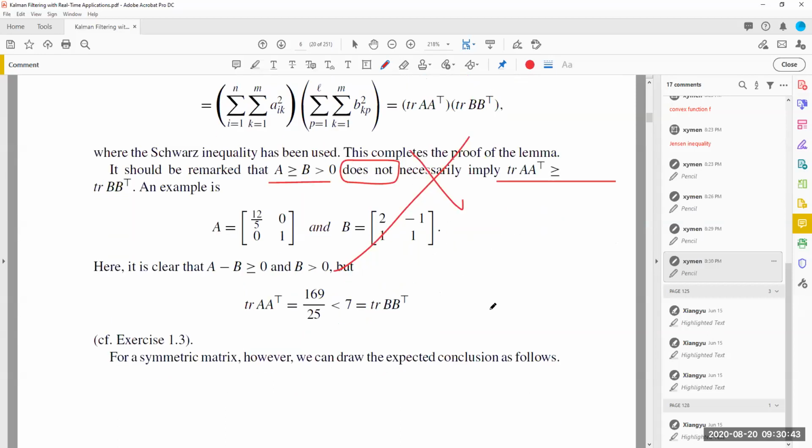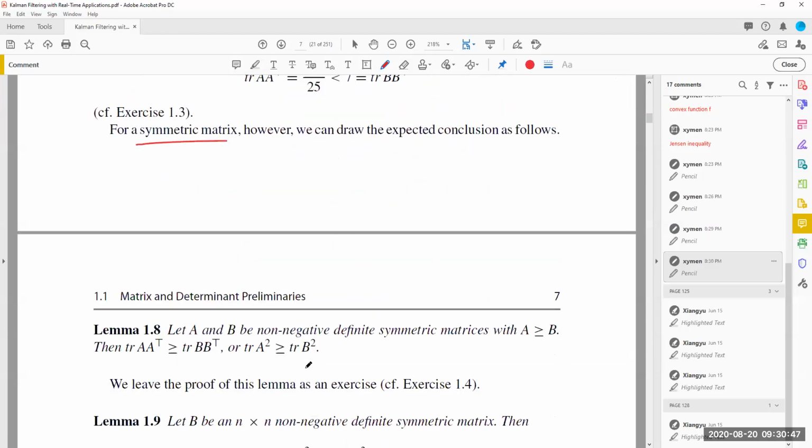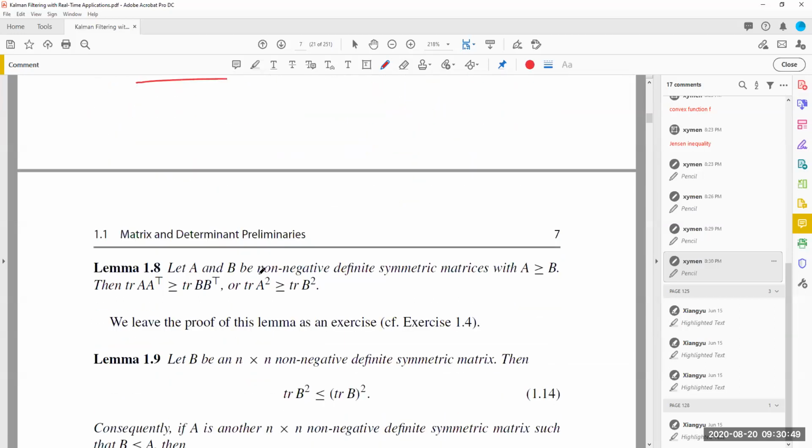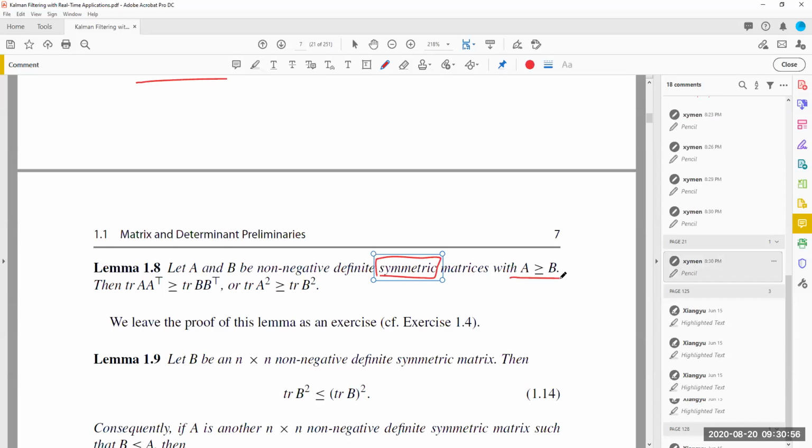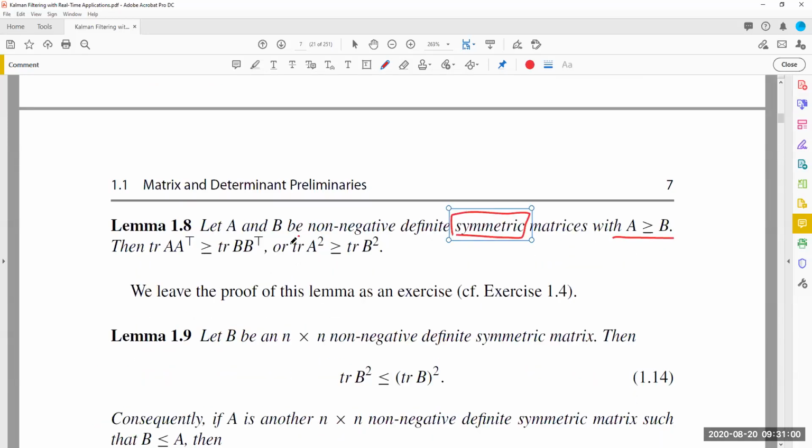But it's true for symmetric matrices. If A and B are non-negative definite symmetric matrices, and A is greater than or equal to B, then we know the trace of A squared is greater than or equal to the trace of B squared. Okay? So you can do this as an exercise.